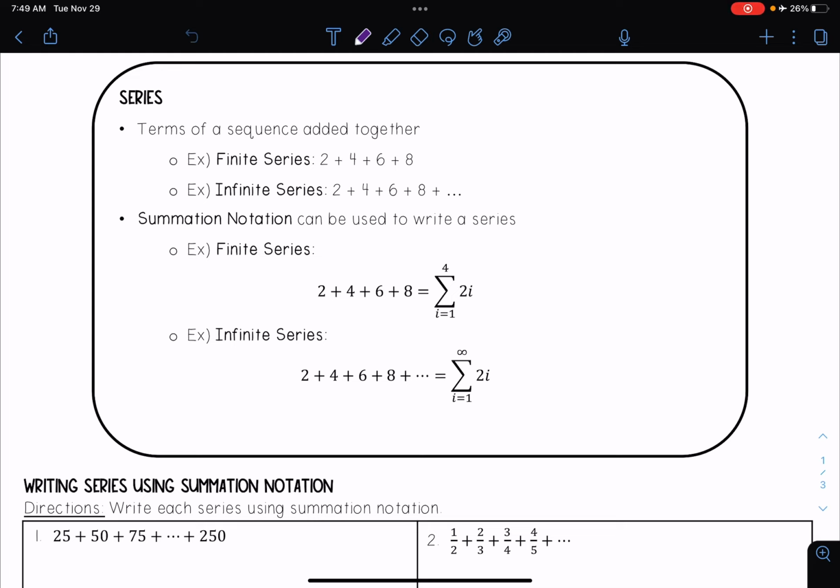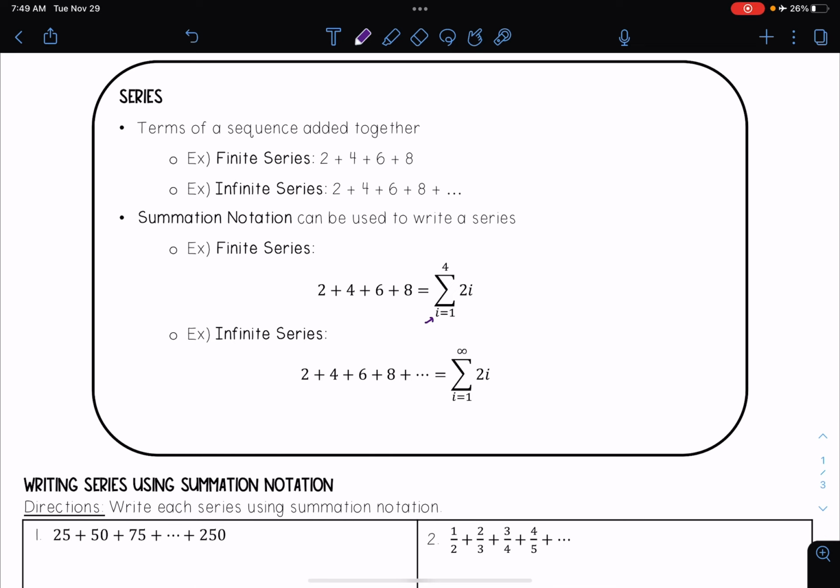And so some terms that we have here: the index of summation is i. And the lower limit of summation is 1 for both of them.